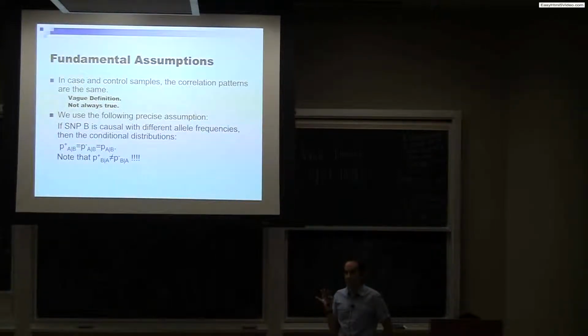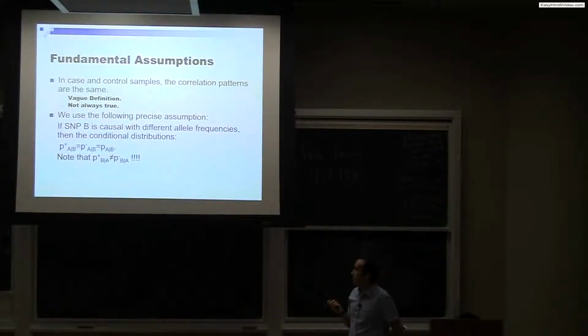That's what we're basically assuming. On the slide is a more formal assumption, which isn't so important. But basically, if the two SNPs are correlated, that in the case of controls are the same, and that actually does happen in some cases.